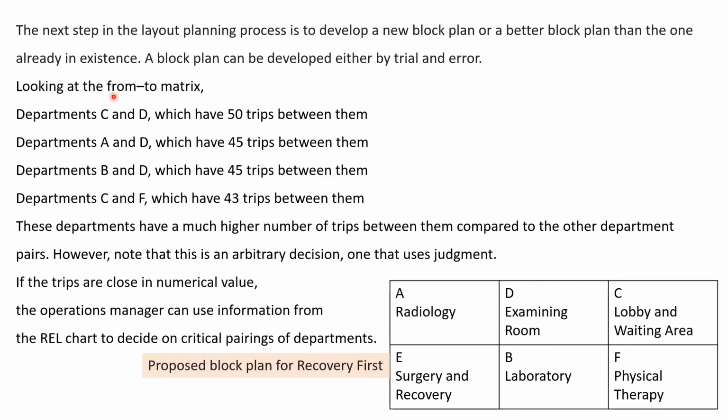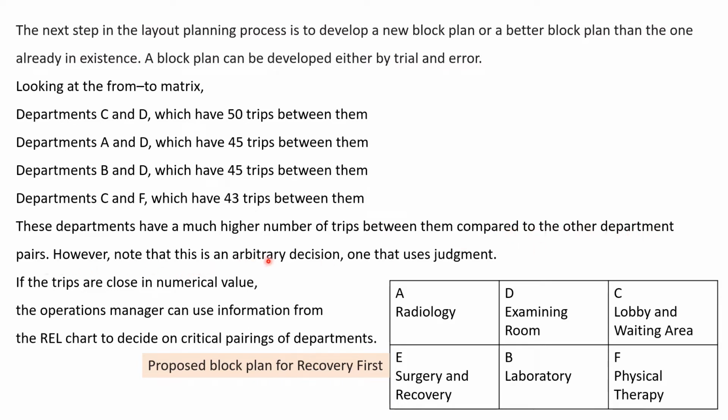Looking at the from-to matrix, departments C and D have 50 trips between them, departments A and D 45 trips, B and D 45 trips, and C and F 43 trips between them. So these departments have a much higher number of trips between them compared to the other department pairs.